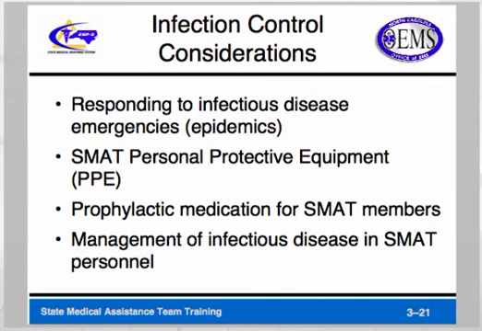In certain situations, SMAT members may require prophylactic medications. Prophylaxis is the use of antibiotics, antiviral agents, or antitoxins to prevent an exposed individual from becoming ill or to mitigate the severity of that infection. For example, during the H1N1 pandemic, individuals who were exposed to that virus were given a course of Tamiflu to prevent them from becoming sick.